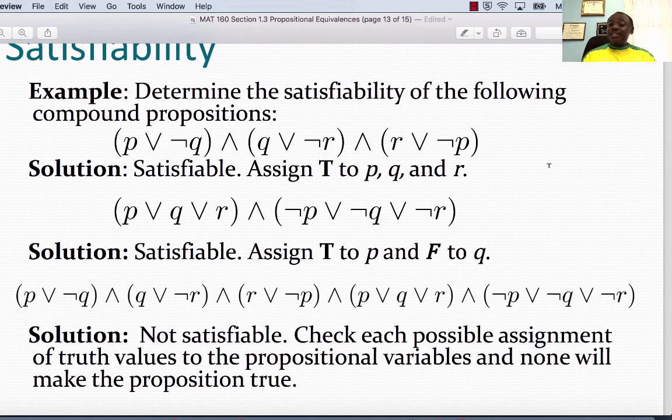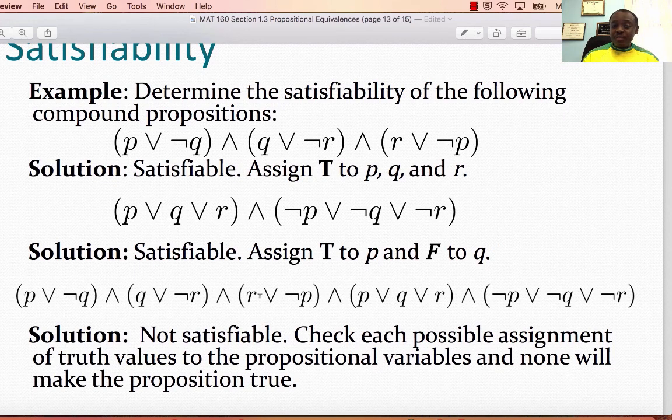And it is pretty tough to verify that because you have to come up with all possible combinations of truth values and show that no assignment of truth values to the propositional variables would lead to the proposition being true. Or we construct a truth table and show that the negation of this entire compound proposition gives us a tautology.